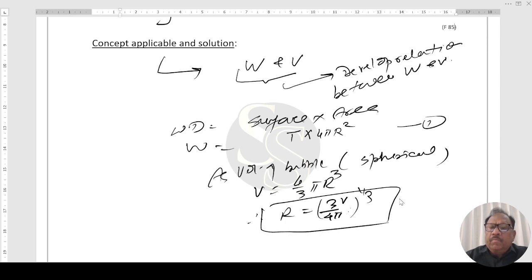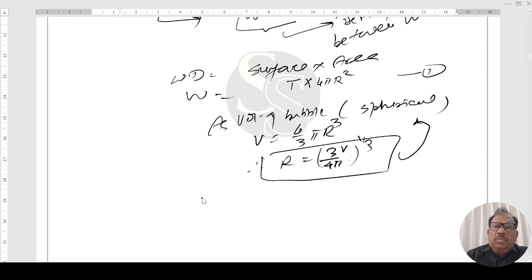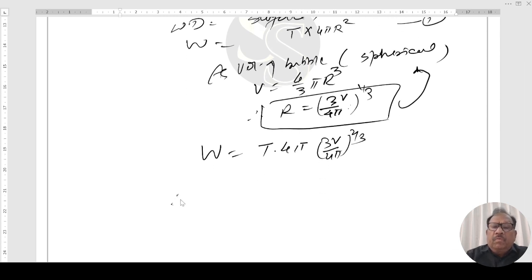Now substituting in this one, W comes out to be T into 4 pi into r square, that is (3V upon 4 pi) to the power 2 by 3. Therefore, W is proportional to V to the power 2 by 3.